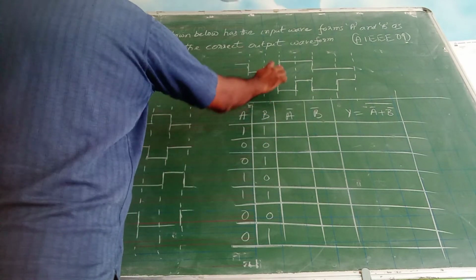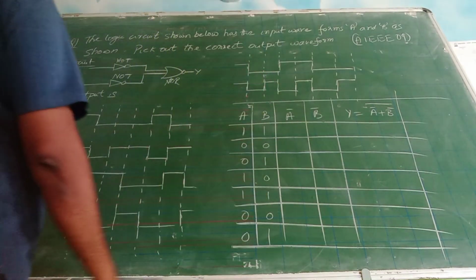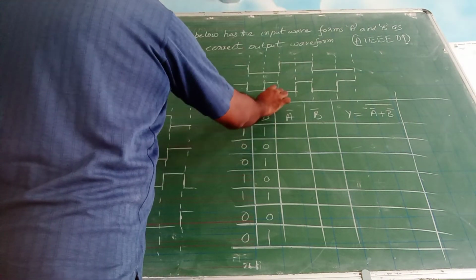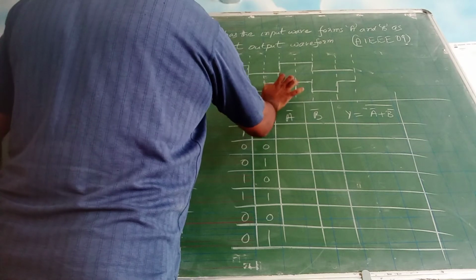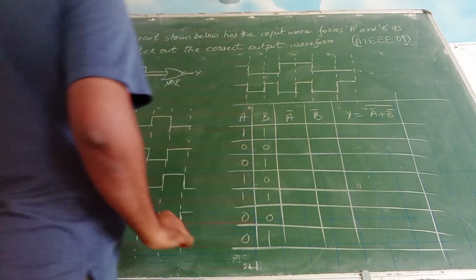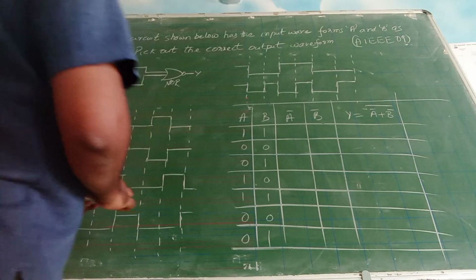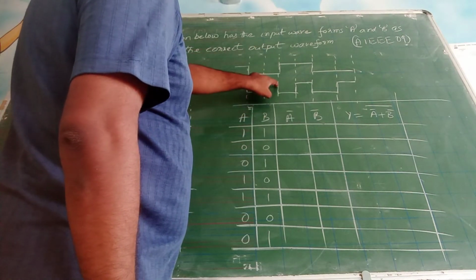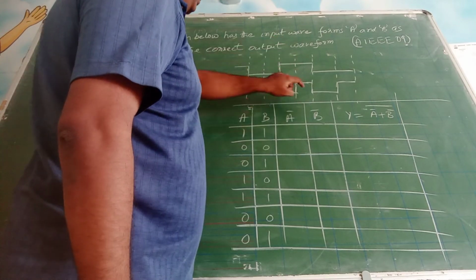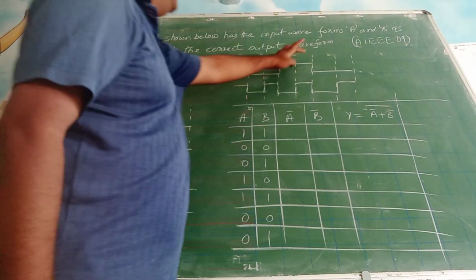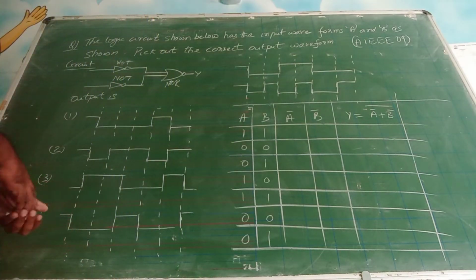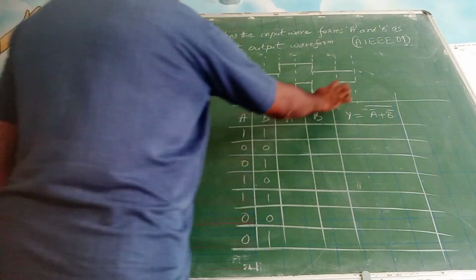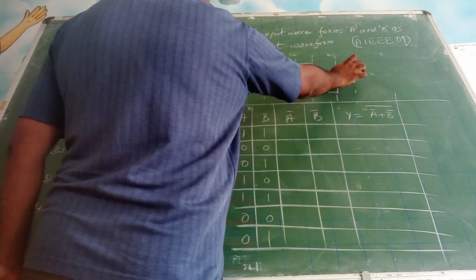Next is 0, 1. Next is 0, 1, the fourth value. Then you have 1, 0. Then 1, 1. Then 0, 0, and then 0, 1.